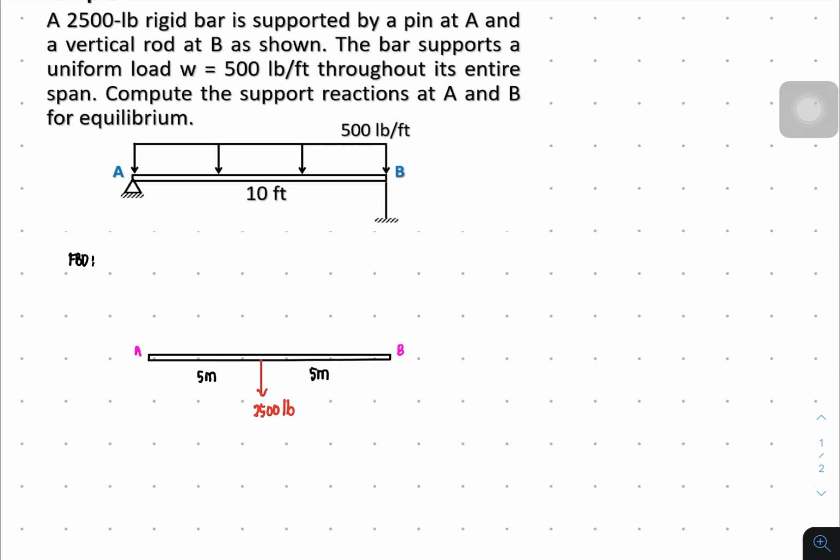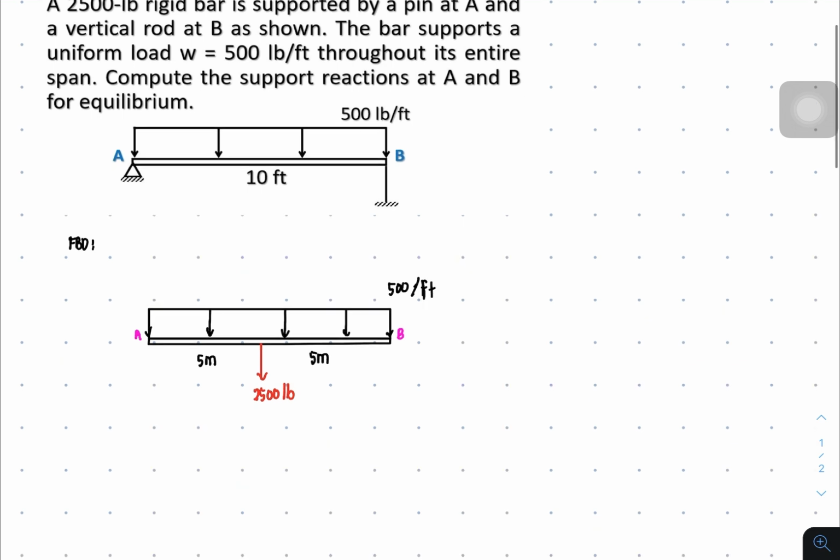Next, the bar supports a uniform load, so we're going to redraw the uniform load. Say this is our uniform load, and according to the problem, the uniform load has an intensity of 500 pounds per foot. Therefore, we are able to get its resultant.